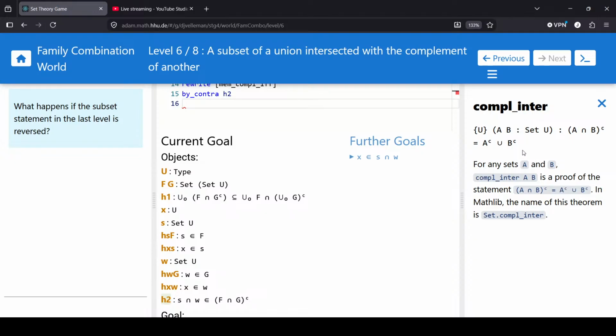Oh, but I could do this. Is that it? Because, yeah, I can do that. It gives me the GEC. That's the wrong thing. It's a union.